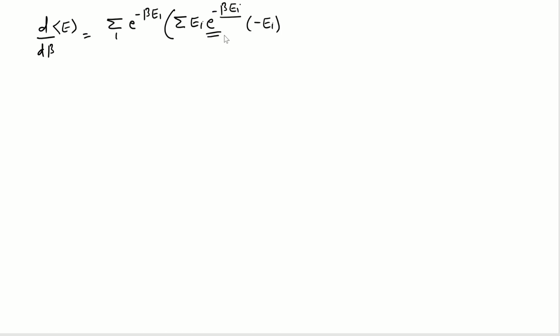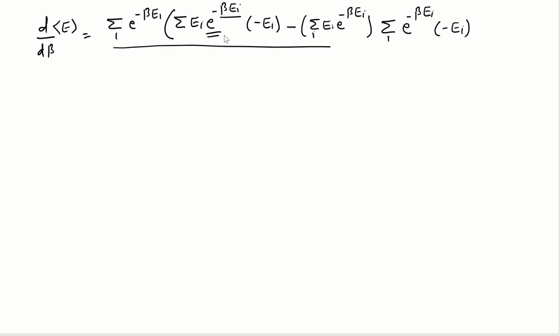Now g f dash is over. Now minus f g dash: let's first write f, which is sum over i ei exponential minus beta ei, multiplied by the differential of g, so sum over i exponential minus beta ei, and then multiplied by minus ei. So g f dash minus f g dash upon g square, where g square is sum over i exponential minus beta ei, whole squared.